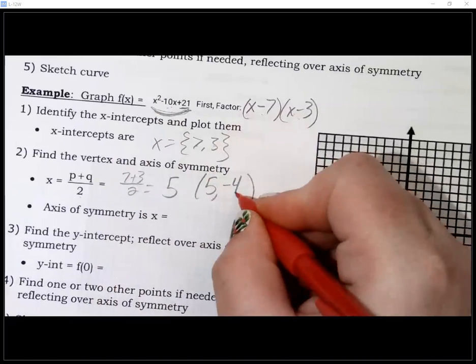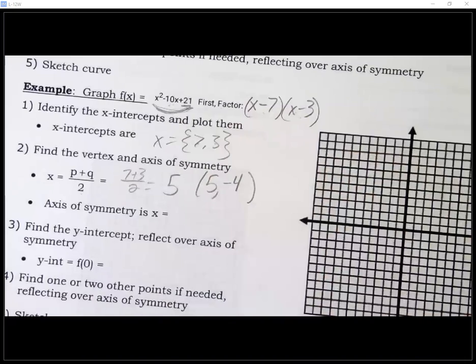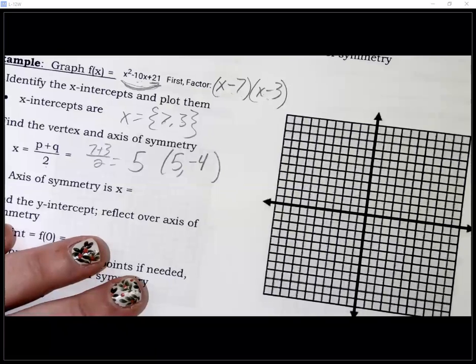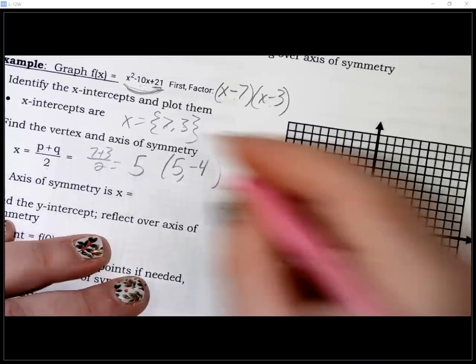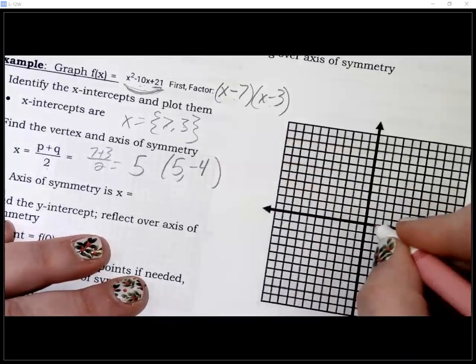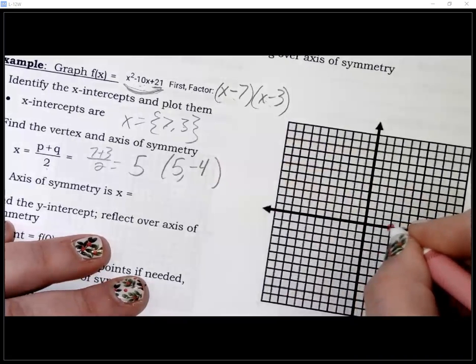So now I'm going to plot some of these things on my graph here. I'm sorry that the graph is so dark, but I'm sure you can just make your dots real big, or if you have a bright colored something. I'll try this pink one. We'll see how that goes. So I know I have intercepts at 3, so one is right there, and then another one at 7.